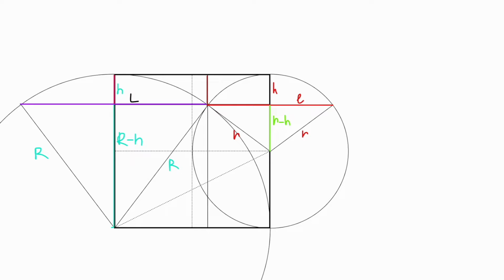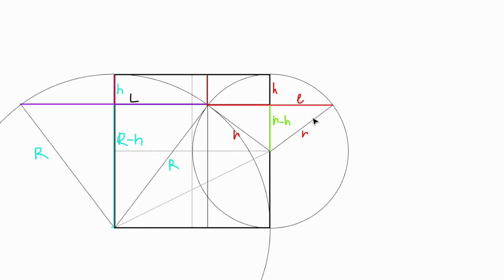Well, now let's move on to the Pythagorean theorem. It says that the sum of the squares of the legs is equal to the square of the hypotenuse, if anyone doesn't remember. The first leg is l squared. The second leg is r minus h, squared. Their sum equals the square of the hypotenuse.